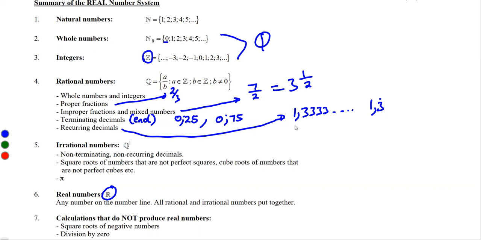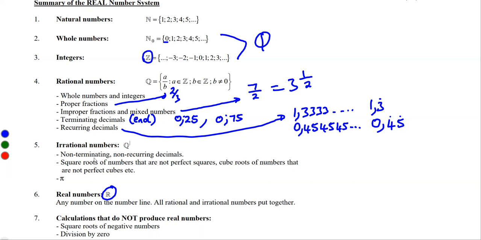What if it's, let's say, 0.454545, it continues like that? They can show you this as 4, 5 with dots on top. So once you see this, you know that these are recurring decimals.